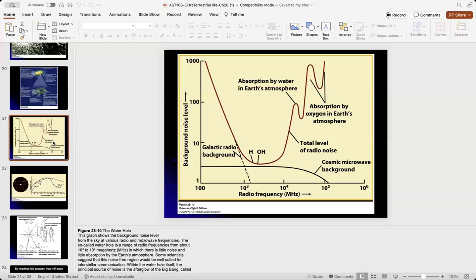It lets it get through, and we are able to easily hear it. Beyond that, on the higher side and on the lower side, there's too much noise. So we have been listening in this 1,000 to 10,000 megahertz zone and listening for any special signals that might come from aliens.